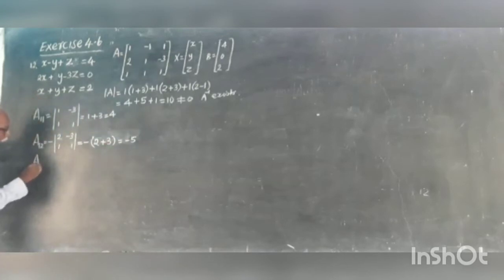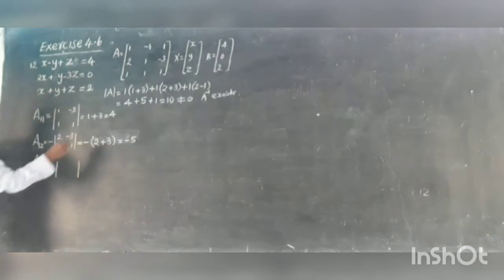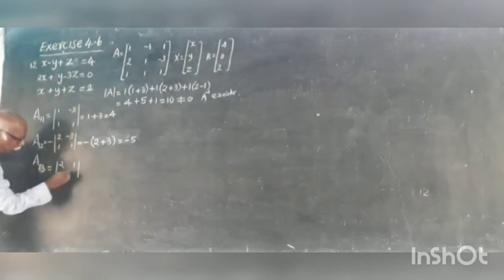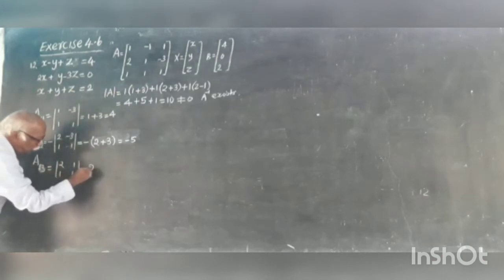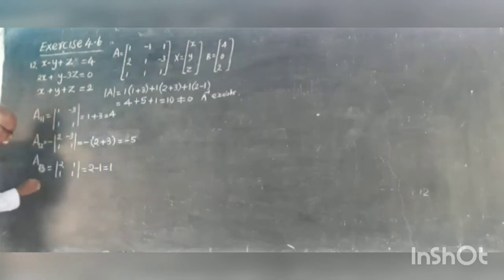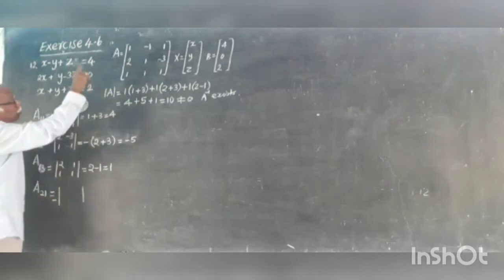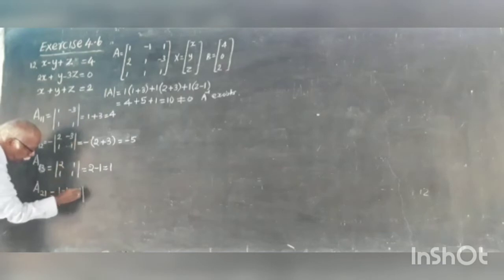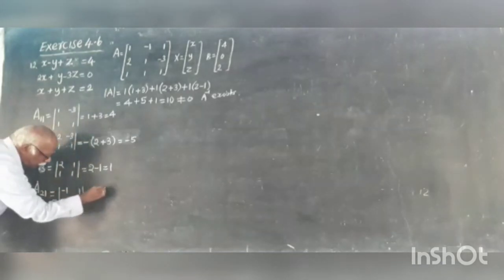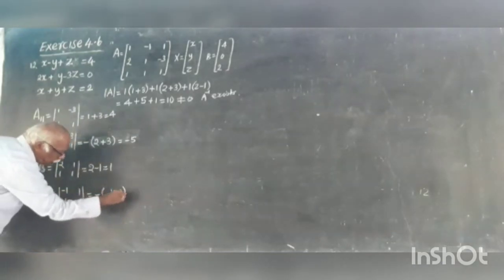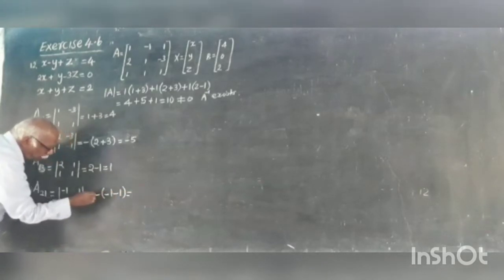Then A13: 2 1, 1 1, 2 into 1, 2, minus 1, equal to 1. A21 is negative: minus of minus 1 minus 1, 1 1, equal to minus of minus 1 minus 1, minus 1 minus 2, equal to plus 2.